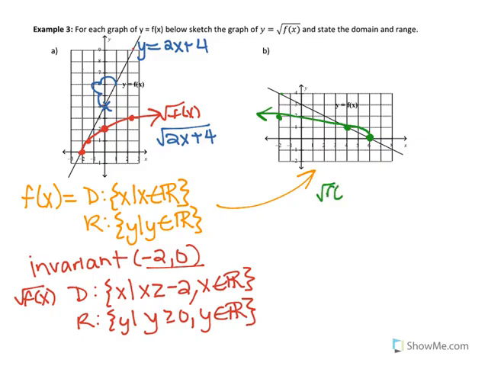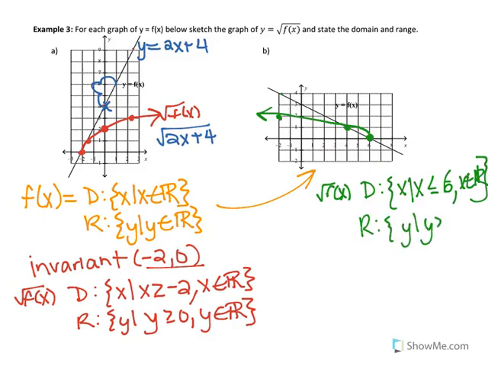So for the f of x, my domain, this one is a little bit different because it's less than. So we want x to be less than or equal to 6. And our range is still bigger than 0. And we can make an equation for this line as well.